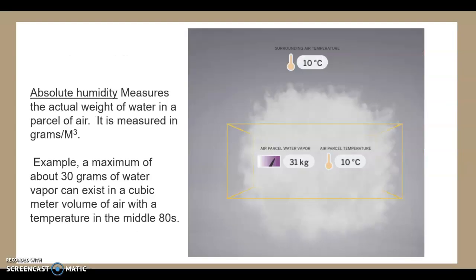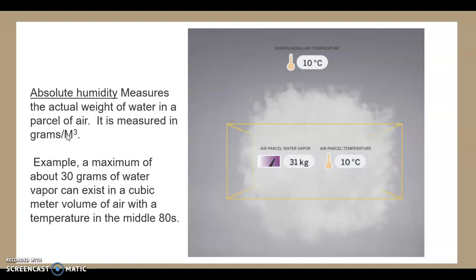So, as I said, Amplify uses absolute humidity, and that one might be the easiest thing to get your mind around. It's the actual weight of water in a parcel of air. So this is a screenshot of something Amplify had in the sim. This air parcel has 31 kilograms at a certain temperature for a certain volume of air. And scientists measure it in a meter cubed of air. So that's a meter by a meter by a meter.